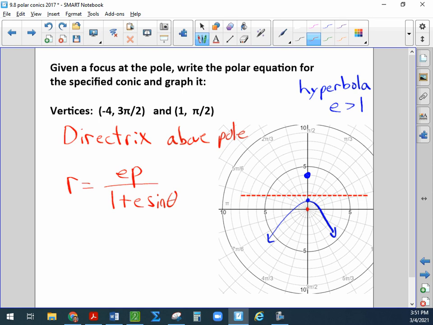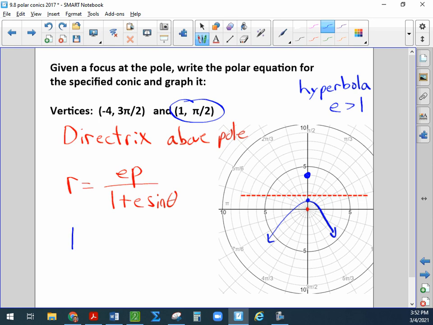Now I don't know the eccentricity yet because they didn't specify, and I don't know p yet because they didn't tell me where the directrix is. But what happens if we plug in one of the vertices? For example, 1, pi over 2, because that vertex is the one that is closest to the focus we're working with.